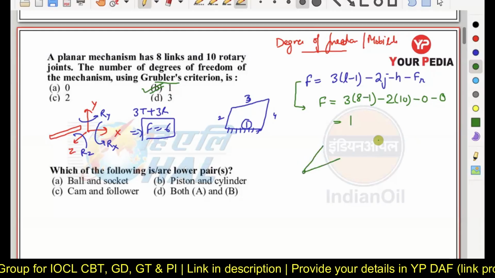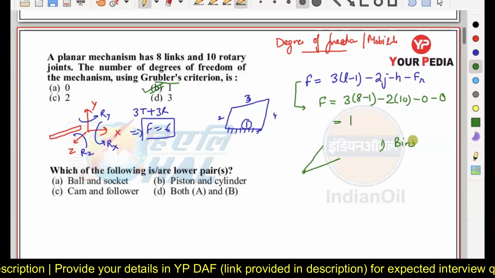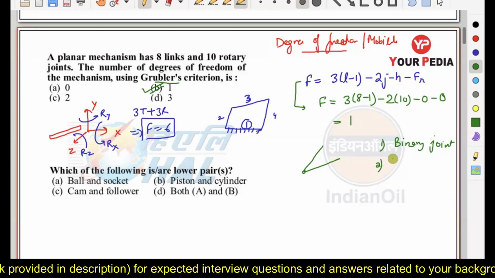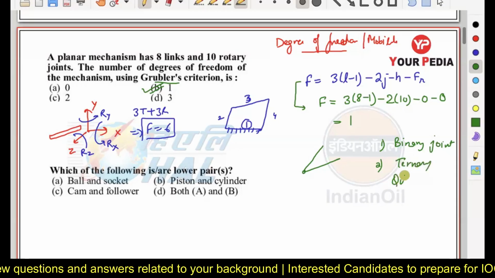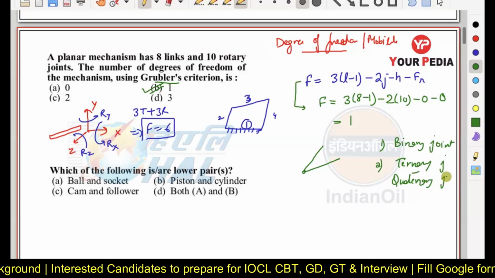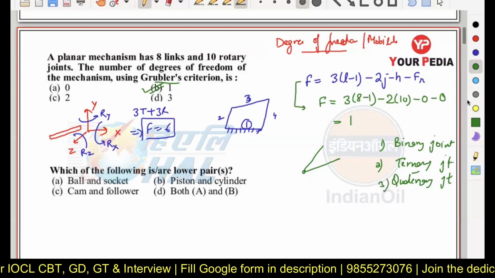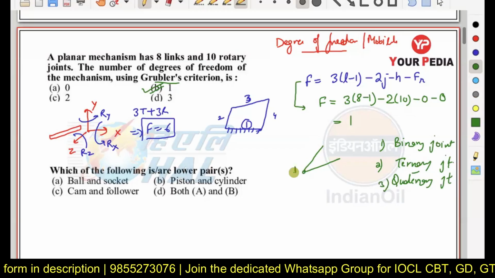Now, when we talk about a joint or pair, we have three types of joints. Either we have a binary joint, or a ternary joint, or a quaternary joint. You have to remember that in the case of a binary joint, only two links make contact at a single point.